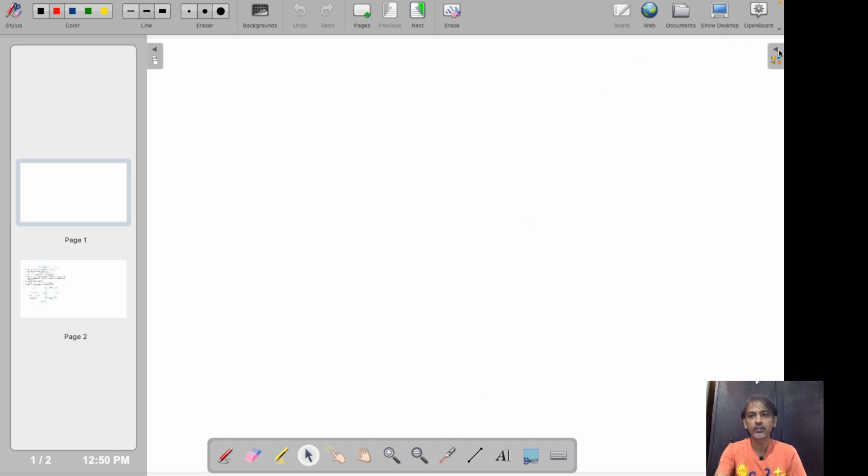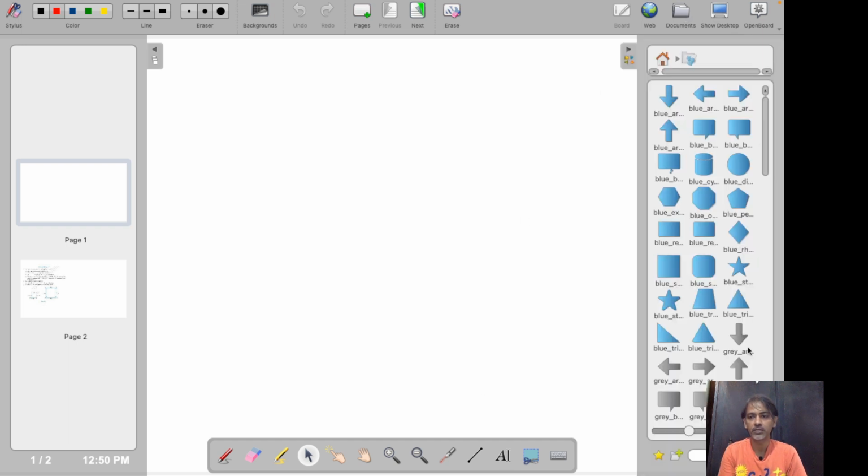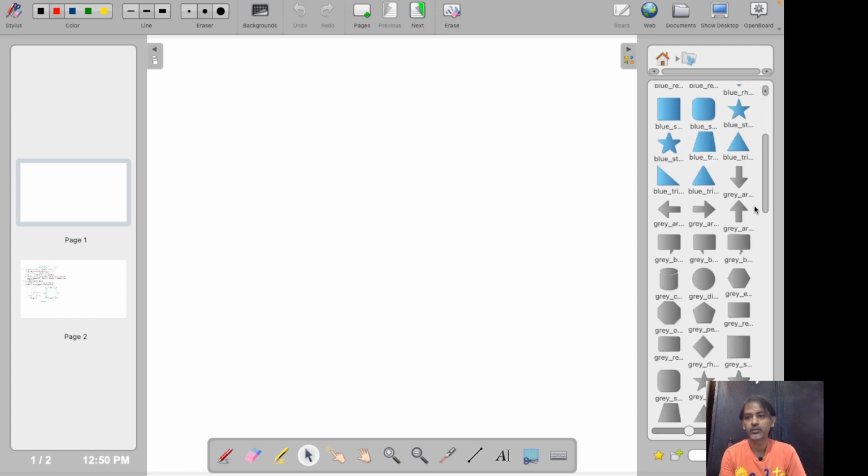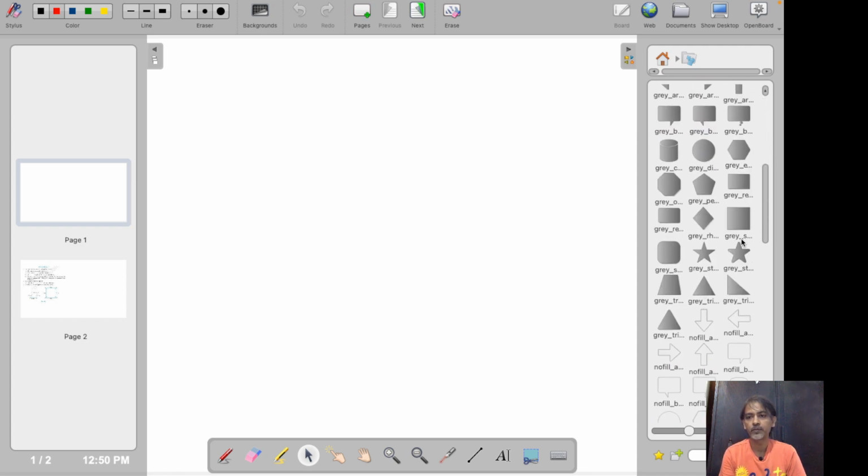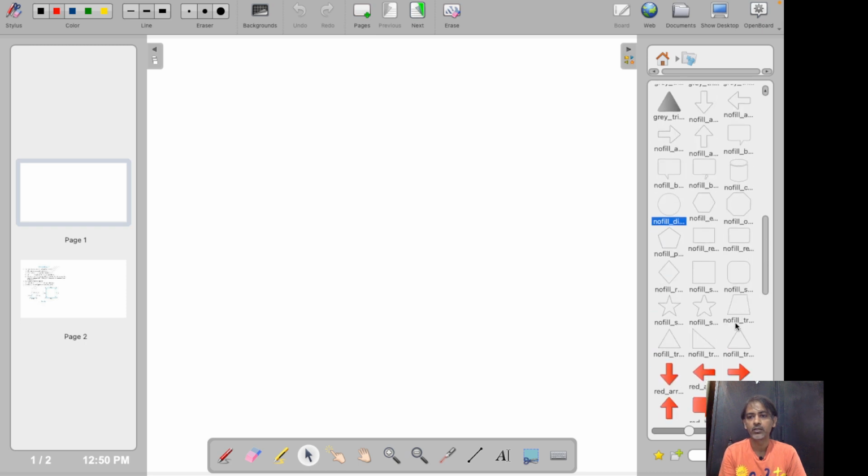We'll create some examples around it. We come down here and take a shape, let's say a triangular shape. Let's make it a little bigger.